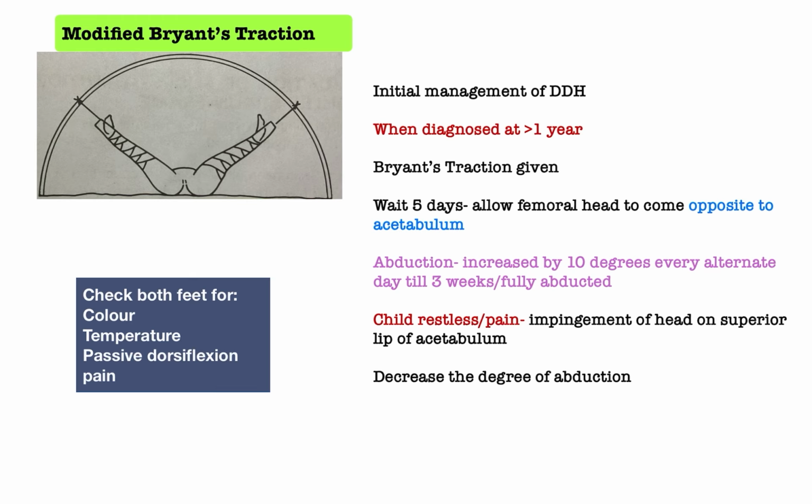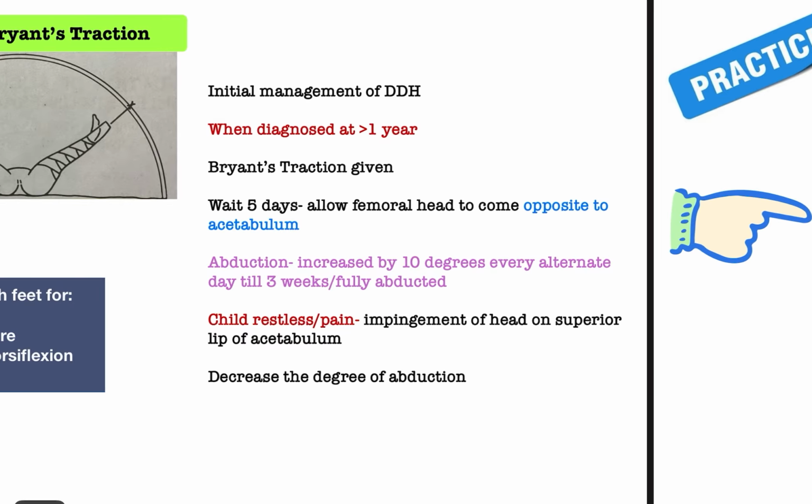In such a case, we have to decrease the abduction and wait for a longer period so that the head and the acetabulum are aligned, and then again we start abducting by 10 degrees every alternate day.